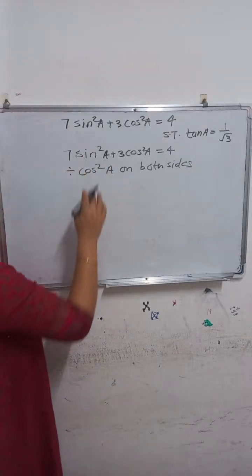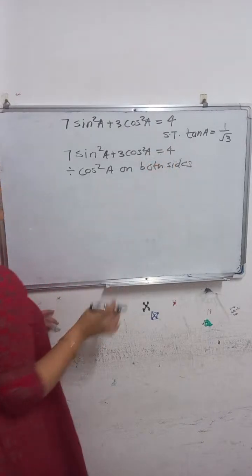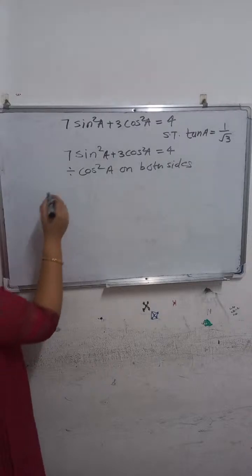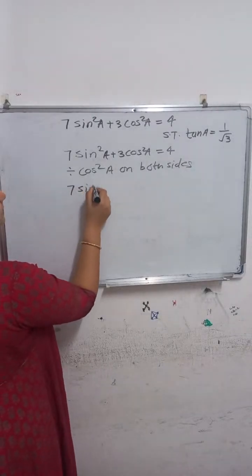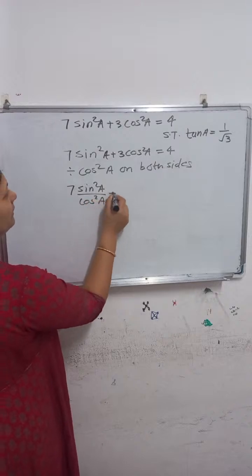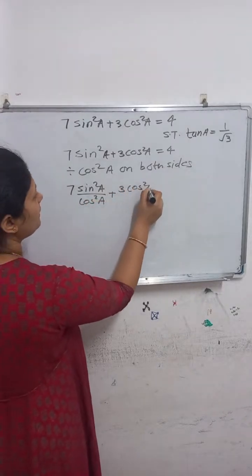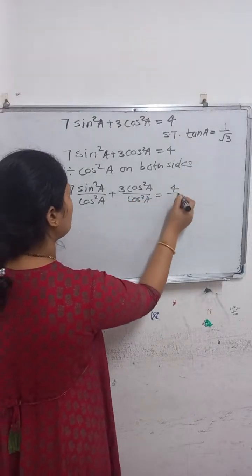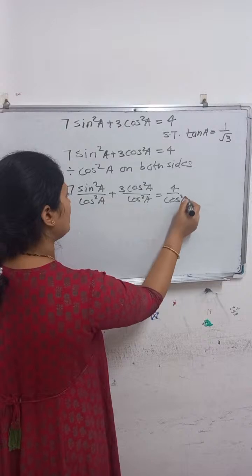Cos gets cancelled, and we will get 4 by cos square. Okay, so here 7 sin square A upon cos square A plus 3 cos square A upon cos square A is equal to 4 by cos square A.